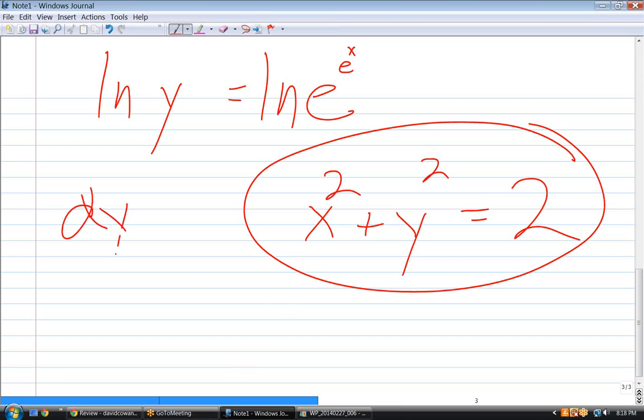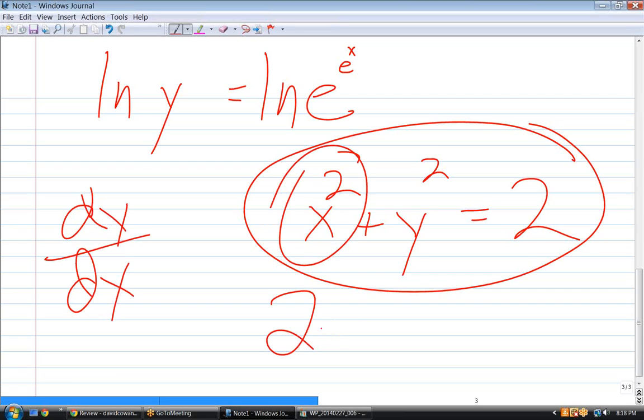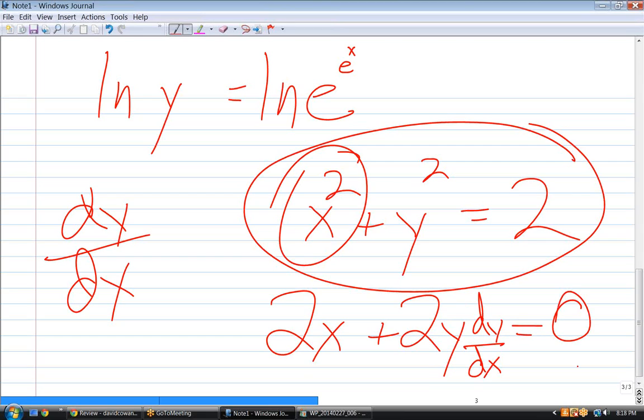If I want dy/dx, then I start there. That's 2x plus 2y, but that's different than x, so I have to follow it with a dy/dx. In fact, if I come across a variable that is not x, I have to follow it with d of that variable over dx.